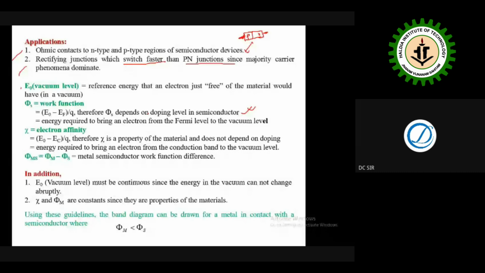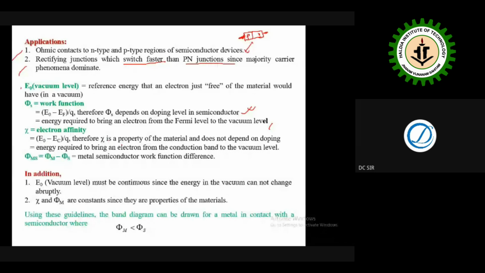So it depends on the doping level. The energy required to bring an electron from the Fermi level to the vacuum level is the work function phi s.